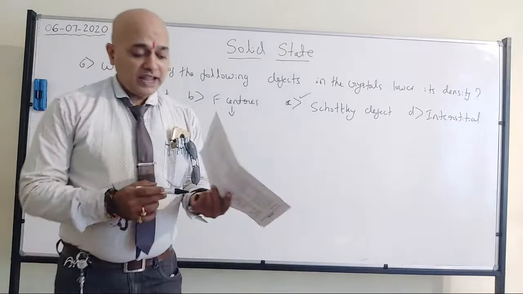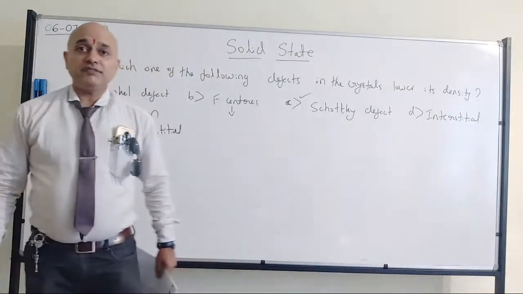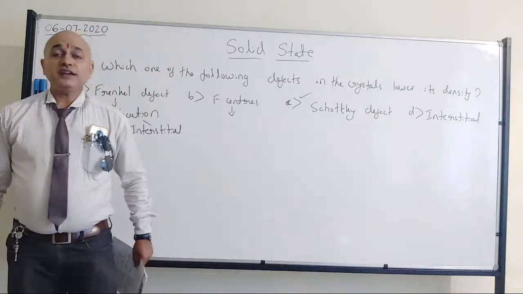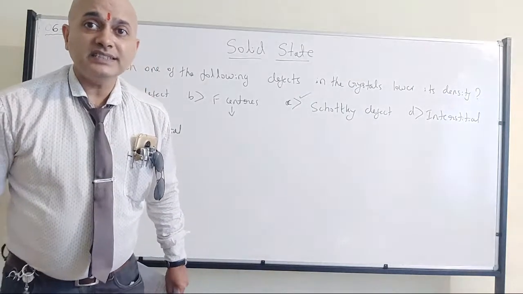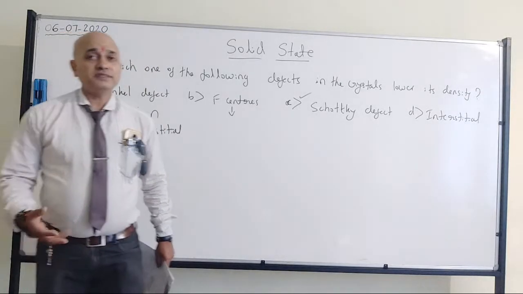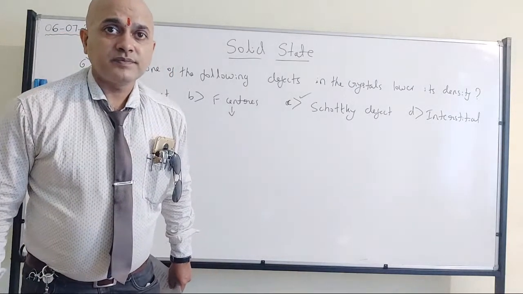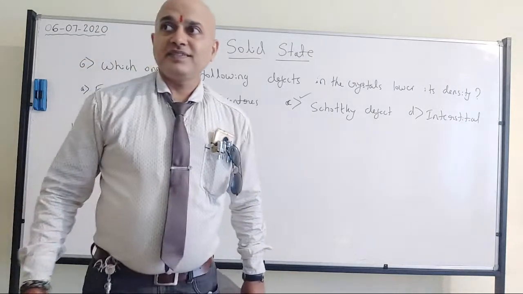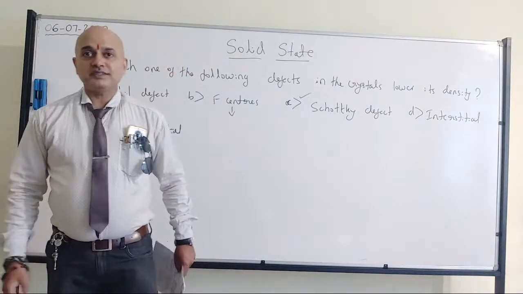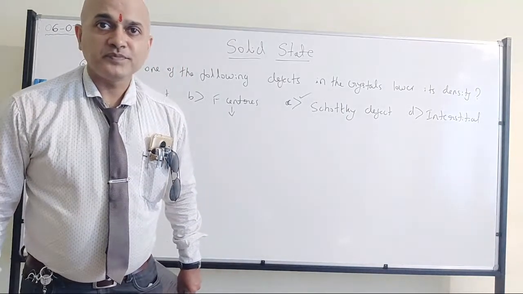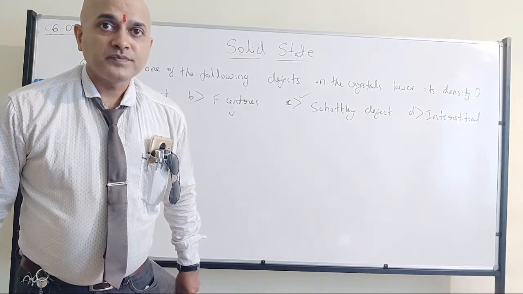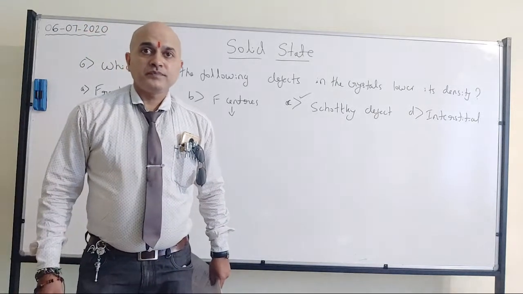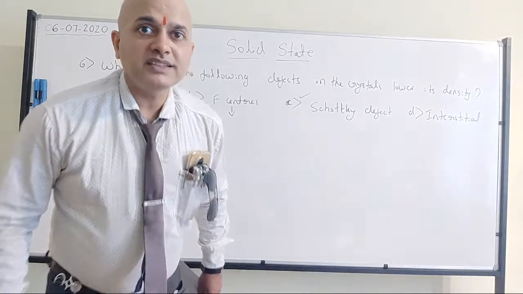Can anyone tell me, F center formation, which is a crystal defect, whether it will lead to an increase or a decrease in the density? What will happen to the overall crystal structure? Okay, Manvit is telling it will increase.